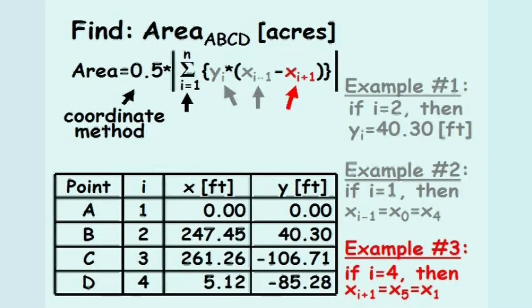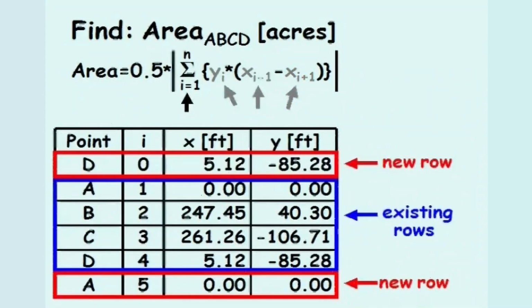To avoid this confusion, we'll add a row for i equals 0 and for row i equals 5, which are just copies of the coordinates data for rows i equals 4 and i equals 1, respectively.